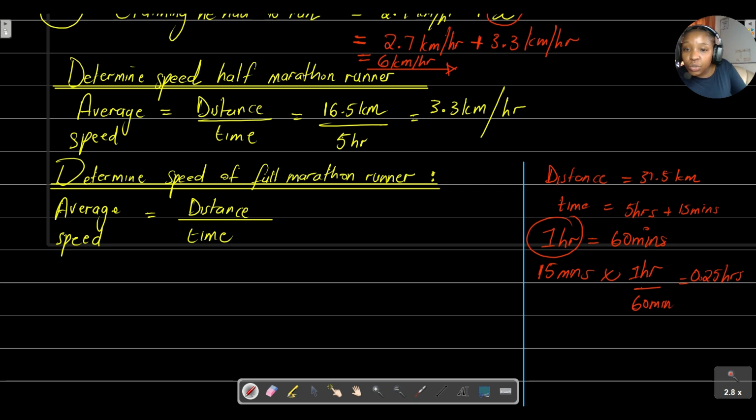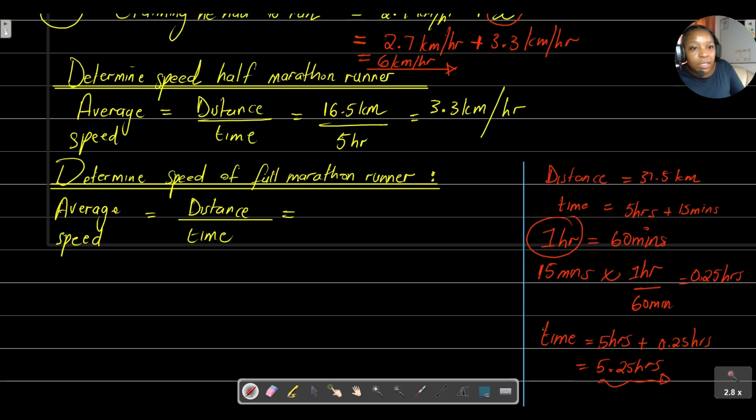So then what do you need to do here? We conclude that our time is equal to 5 hours plus 0.25 hours. That's easy, it's just 5.25 hours. So now we're ready to substitute into this equation.